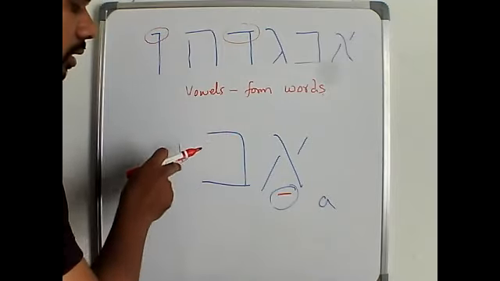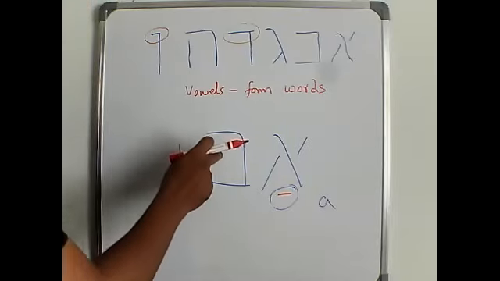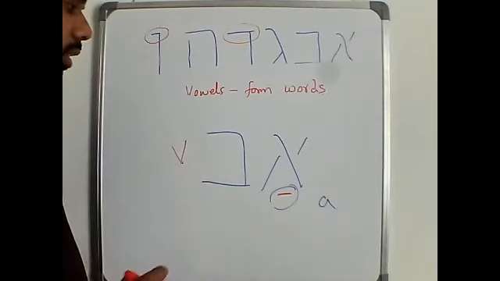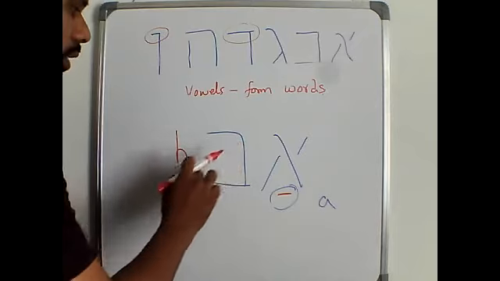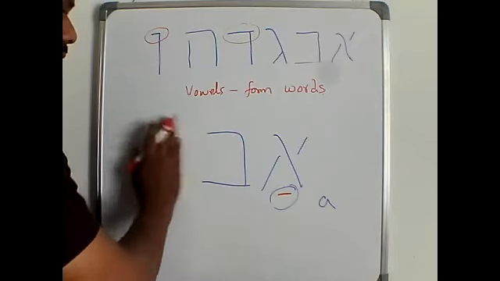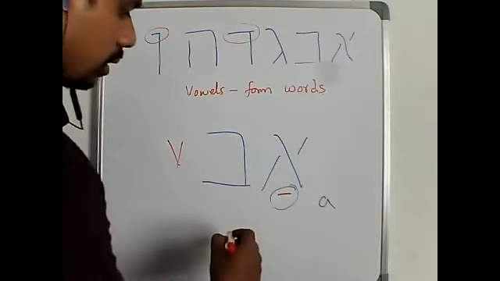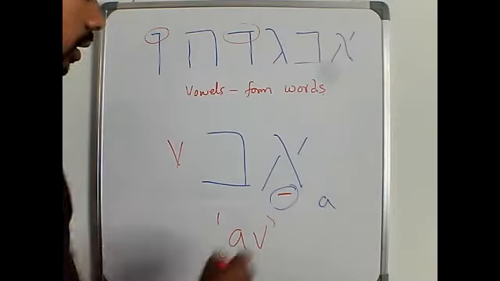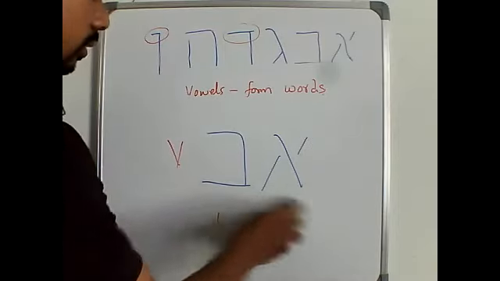Mostly we tend to say b, but without a dot, the sound is actually v. Only if there is a dot, it will be b. But now we don't have a dot, so it is what? V. So what is the sound? Av. Okay, this is the sound of this letter.